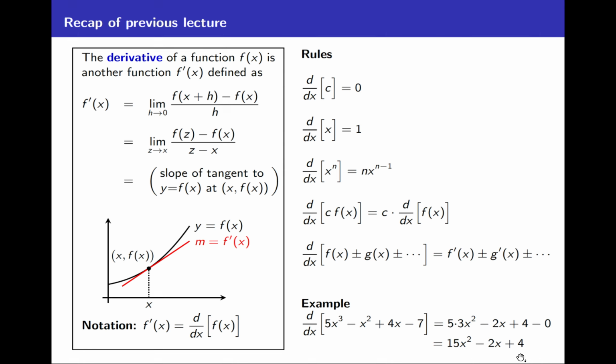So dy/dx equals f prime of x. So it's very suggestive notation, although for the most part you look at this symbol dy/dx as just standing for the derivative f prime of x. But it does have this nice geometric interpretation. So f prime of x is also denoted as dy/dx.